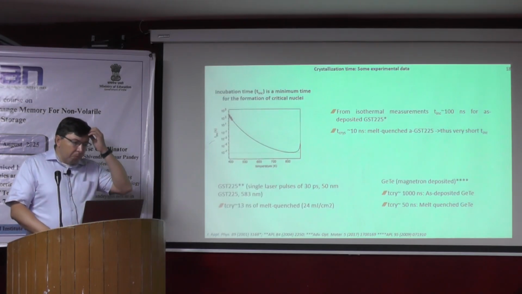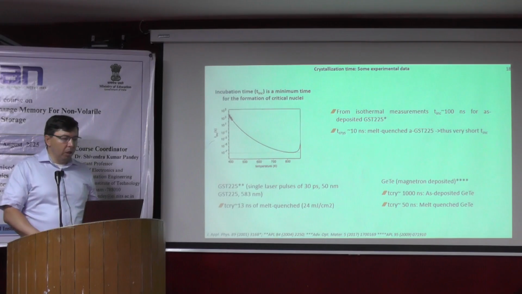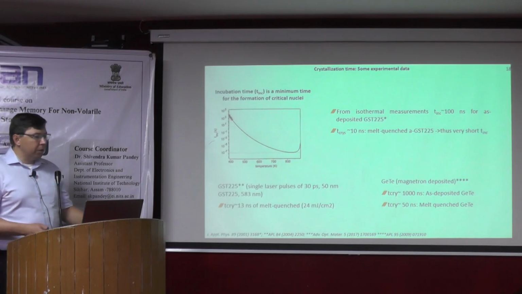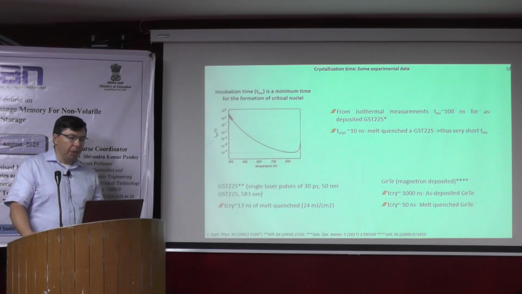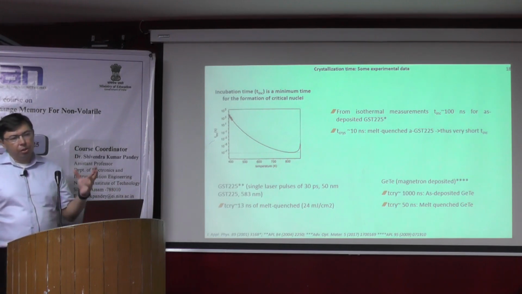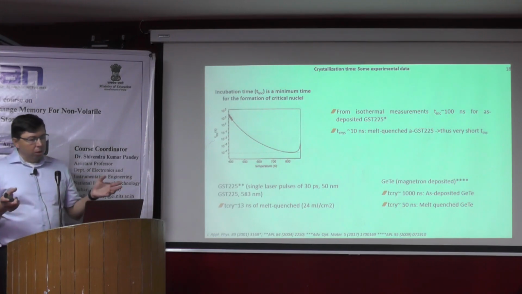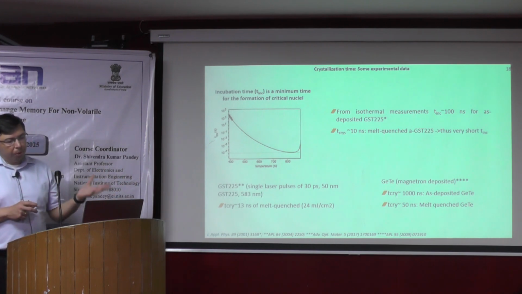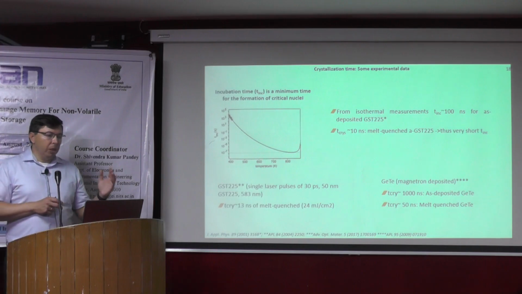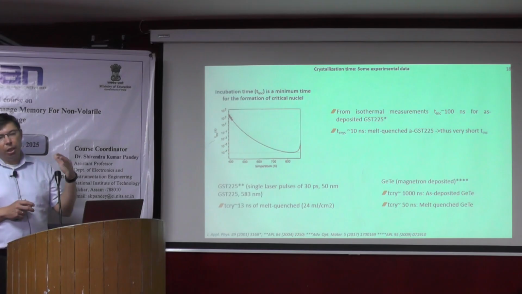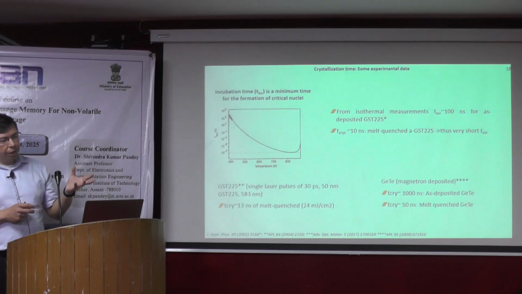Now, before forming such a stable nucleus, there is also one parameter, the incubation time. The incubation time is the minimum time to form a critical nucleus. In the case of phase change materials, as you know, an amorphous state can be produced by deposition, or you can quench the crystalline material, and then you get another amorphous state.